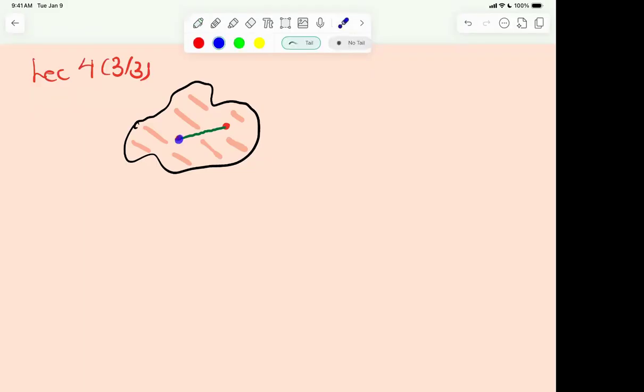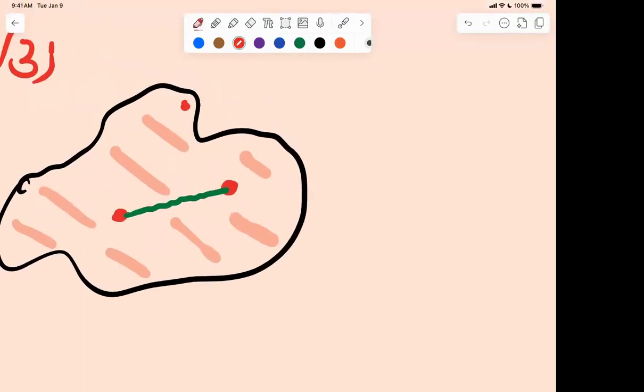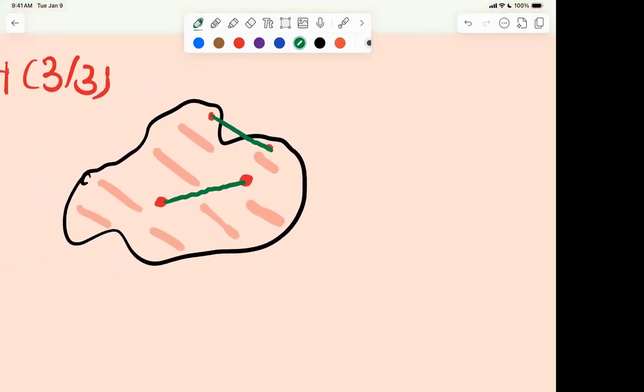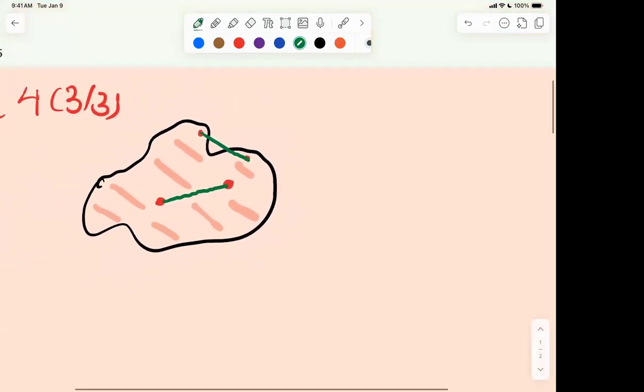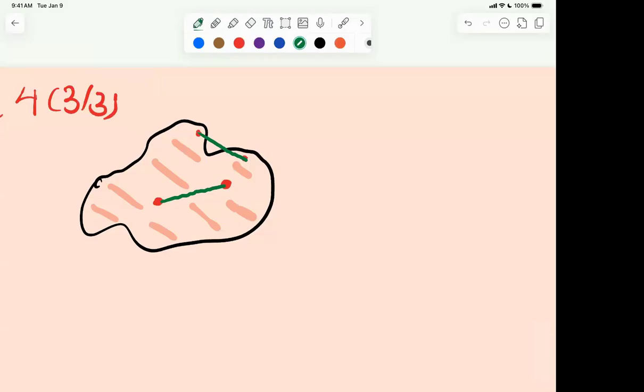So for example, if you draw these 2 points, this particular line segment is in the region, but if, let's zoom in a little bit, I take a point from here and a point from here, and I draw a line segment like this, then part of that line segment is inside the region and other parts are not inside the region.